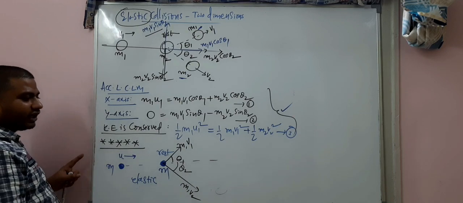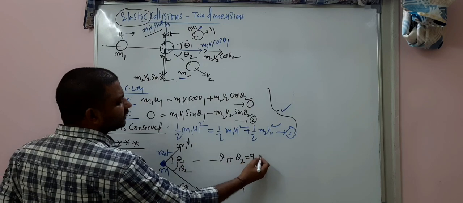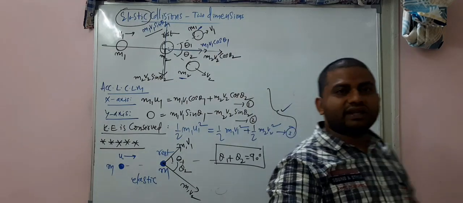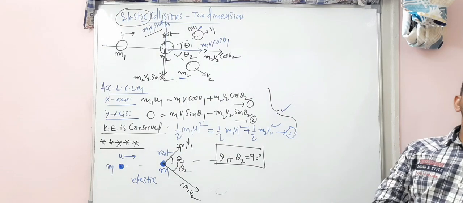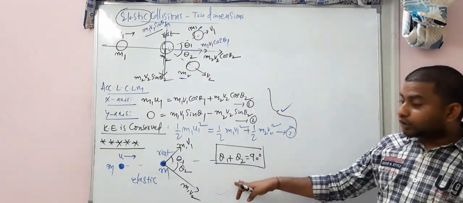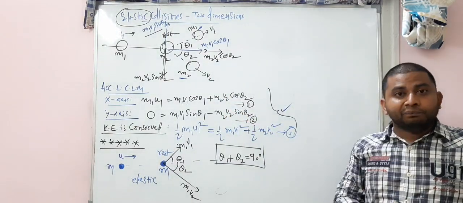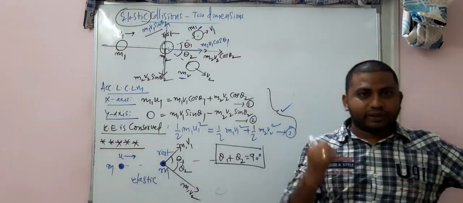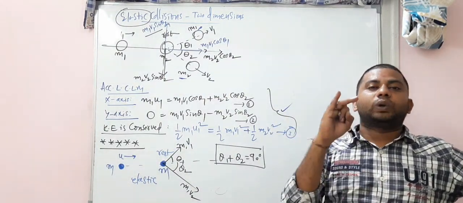So in this kind of case, directly you can write theta 1 plus theta 2 is equal to 90 degrees. There is a derivation for that, but we don't need it. If you have any kind of material, the derivation will be there. This derivation is also done by using the resolution of vectors as a step. So the masses must be identical, the second body must be at rest, and the final condition is that it must be an elastic collision.